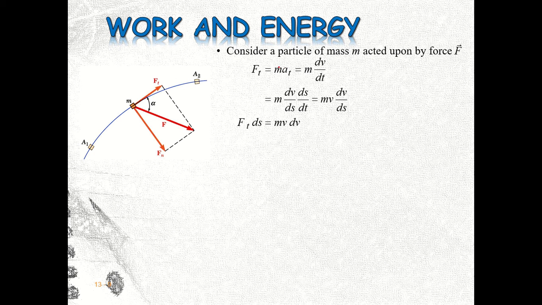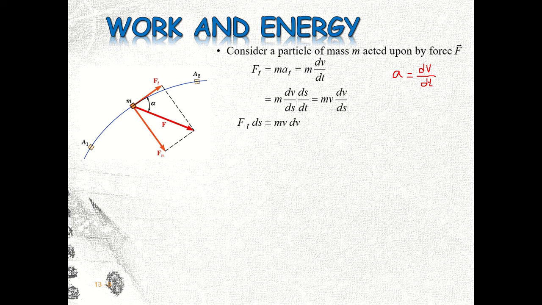And we know that acceleration, we have defined it before, is just the derivative of the velocity. So when you have v, you take the derivative of v with respect to time. So that is our acceleration.